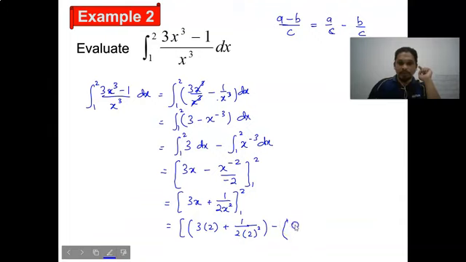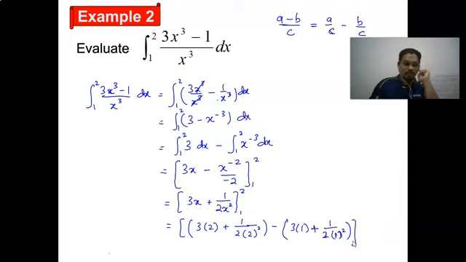Just now we substituted with 2, and now it's the turn for 1: 3 times 1 plus 1 over 2 times 1 squared. Okay, there's not enough space here.